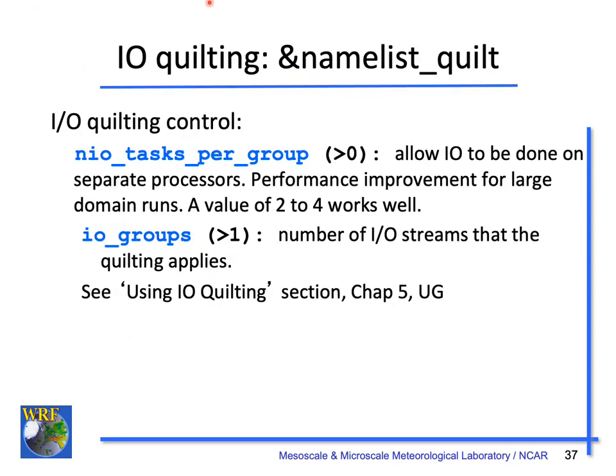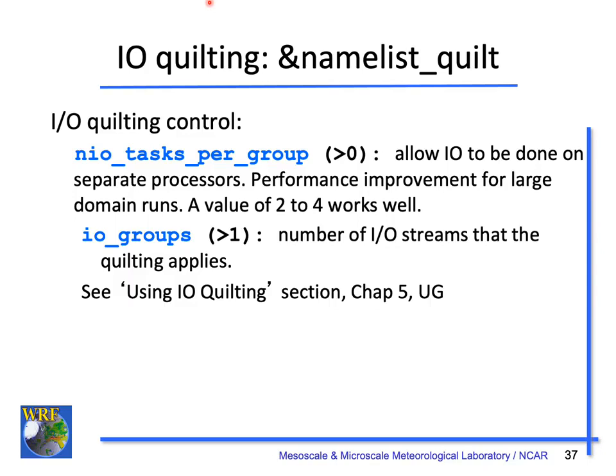This slide shows the 2 options for I/O quilting. The basic idea here is that when the model uses many processors, a small percentage of the processors can be set aside for working on I/O only. These processors would gather data from each processor, put them together, and write the data out.